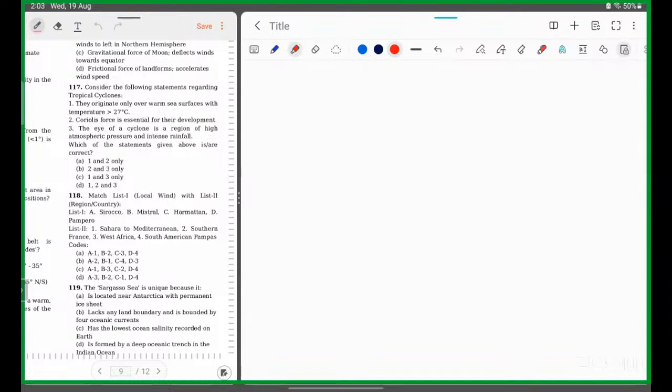Sirocco is in West Africa. B. Mistral happens in southern France. Then Harmattan happens in the Sahara. And D. Pampero wind happens in the South American pampas. That is why it is known as Pampero.